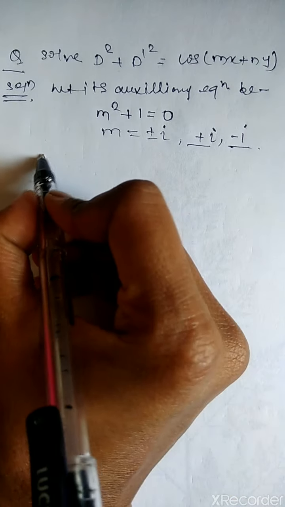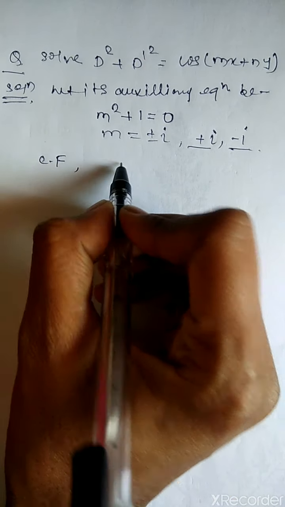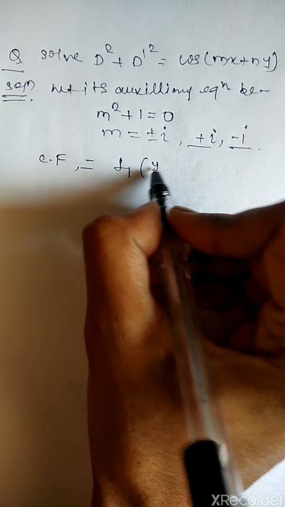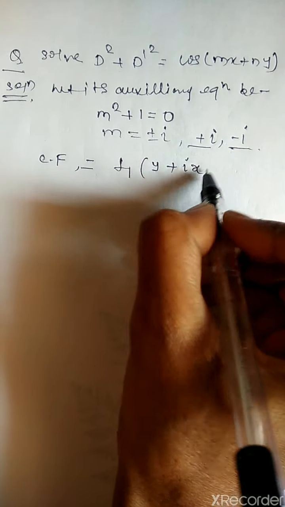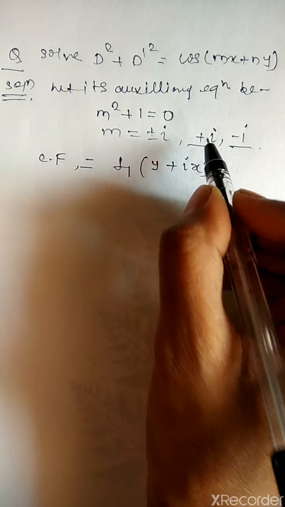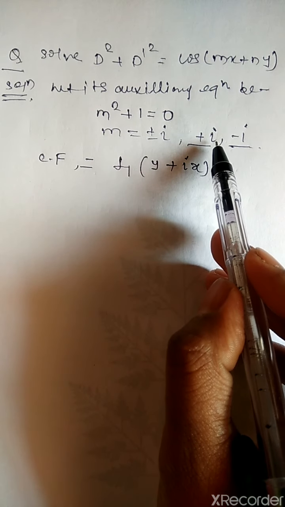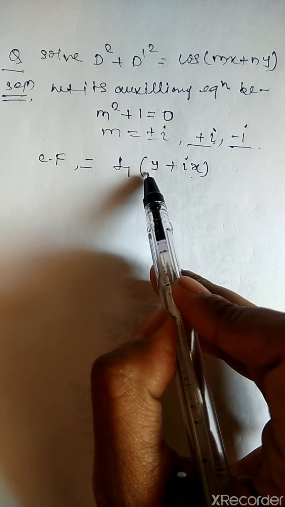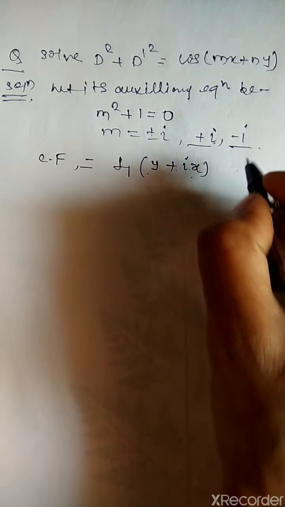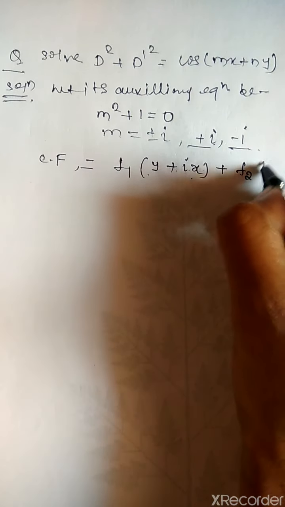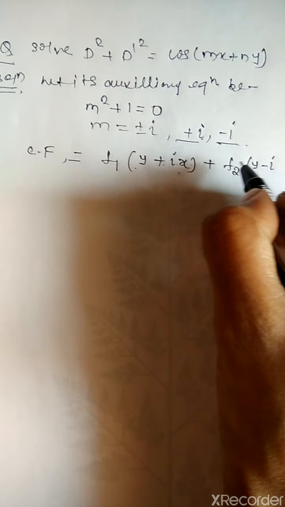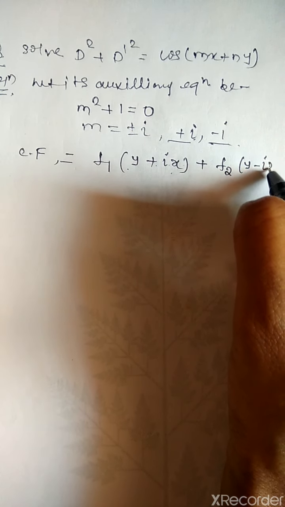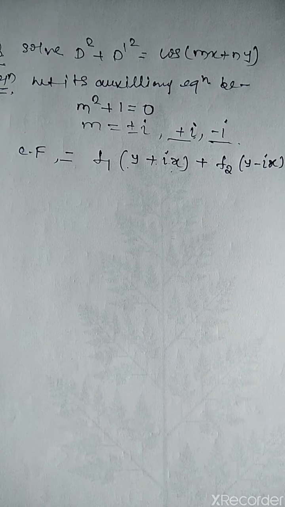So we write the complementary function as f1(y + ix), since we have this i and this is used for D, that's why we will put this i with x. So we will write f1(y + ix) plus f2(y - ix). So this is the complementary part.